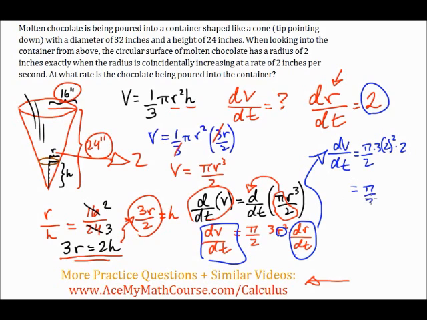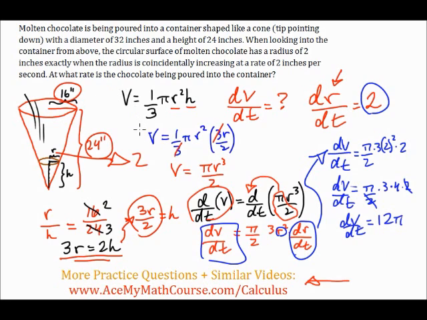So we get pi over 2 times 3, 2 squared is 4, 4 times 2. Actually, I'll just leave the 2 there because it can cancel out with this 2. Look at that. And I just get 3 times 4, 12 pi. And we're done.